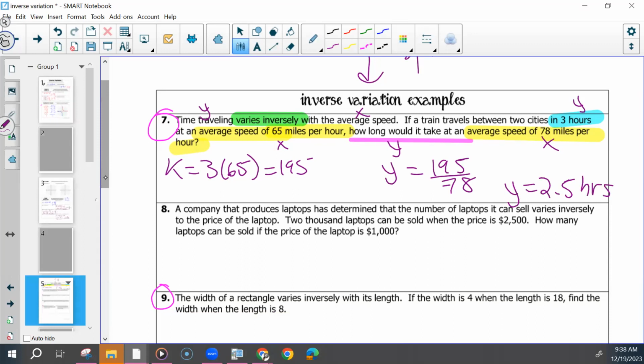So in this, your end result is usually going to be smaller because you're dividing, unless you're dividing big numbers. But your k value could be really big because you're multiplying. Okay. And in this one, the faster you go, the less time it takes. The slower you go, the more time it takes. Questions on how to set that up?